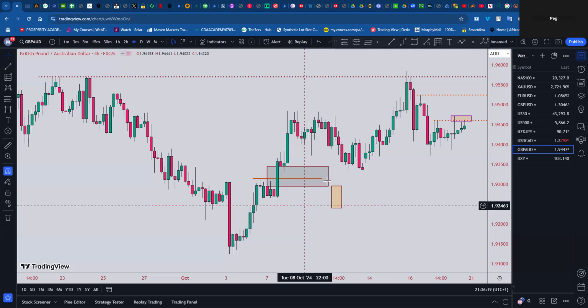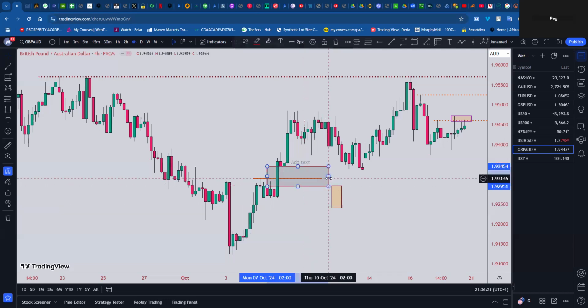Now, another thing you also want to look out for is the position of the order block. Is it at the top of the price range, or is it at the bottom? So let's see the price range here, for instance. Price started from here, came all the way here, came back here, and moved all the way up. So let's just take it from here to here and see, is this order block within the discount array?